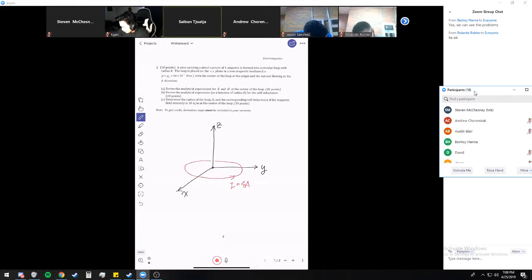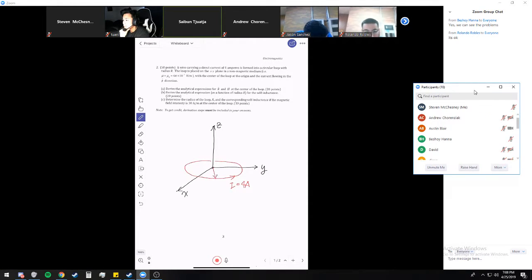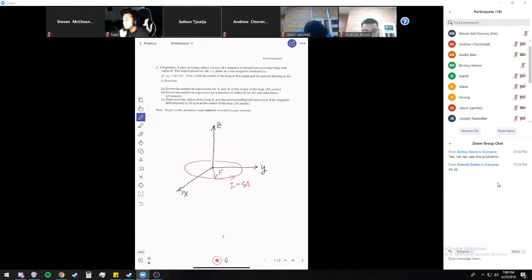So remember the cylindrical coordinate systems? Let's say I pick a point over here. Then this direction is called the R direction, right? And this direction is the phi.